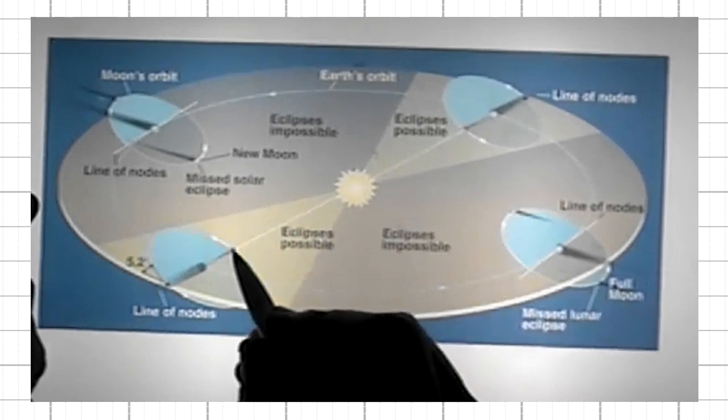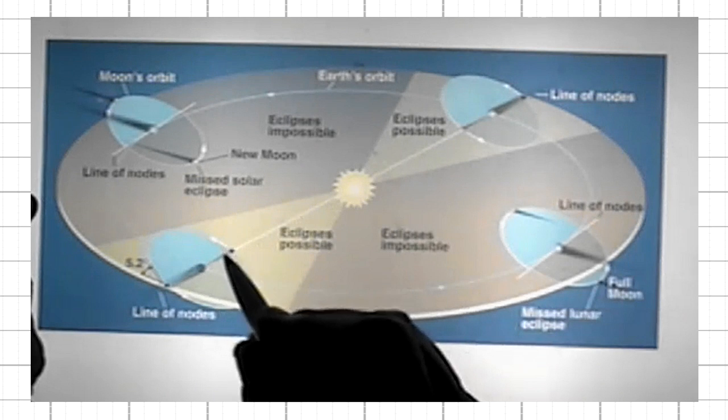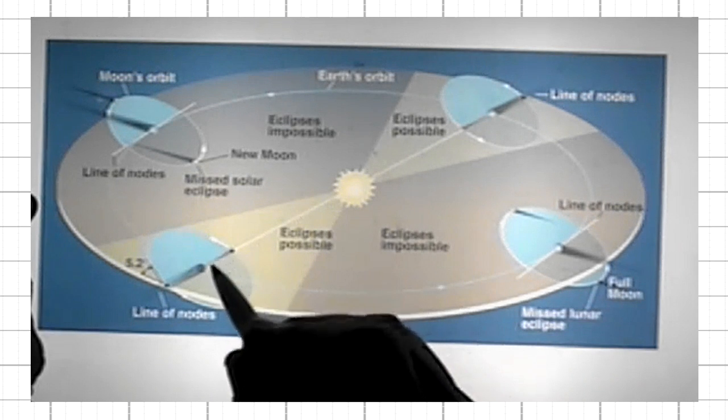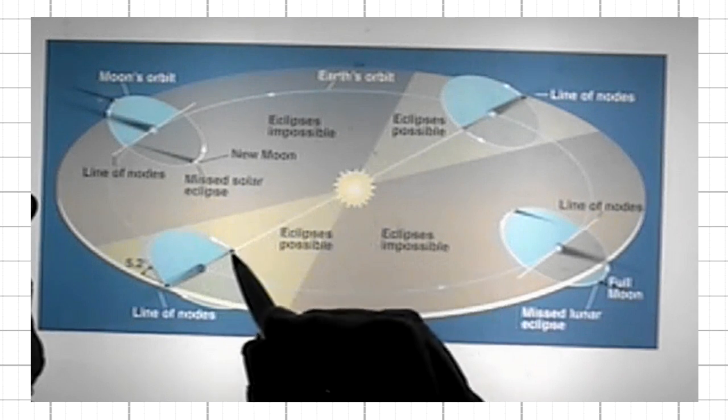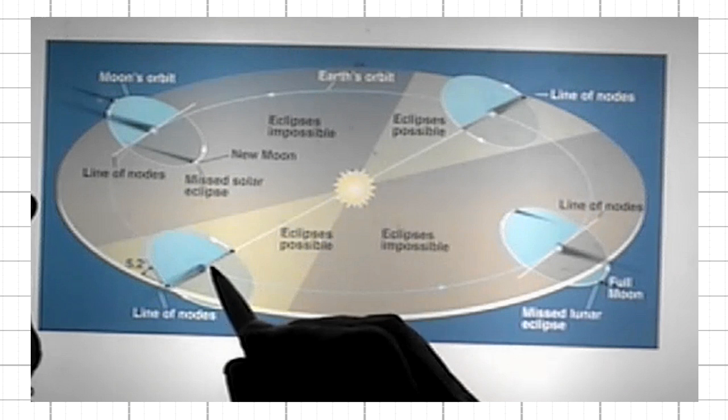For instance, here, the line of nodes points to the sun, and when it is the new moon, when the moon is between the sun and the Earth, it will cast the shadow somewhere on the Earth. It turns out that the complete shadow created by the moon, as we'll discuss in a moment, is only 269 kilometers wide. So you cannot see the solar eclipse everywhere on the Earth.